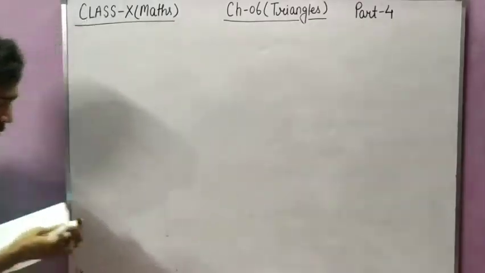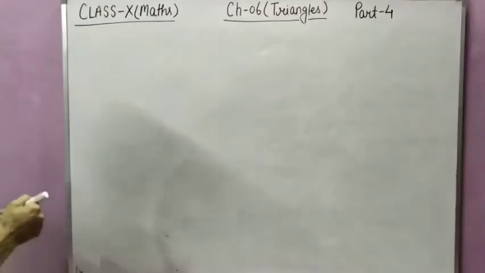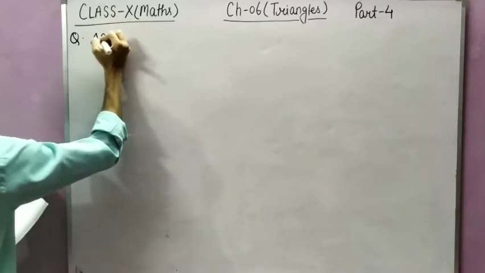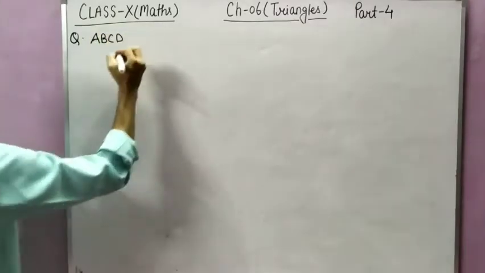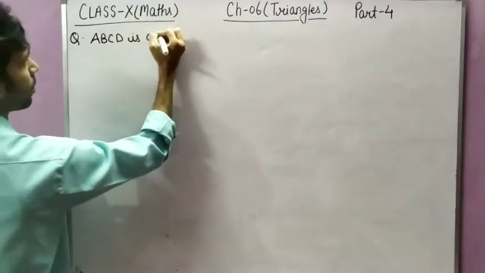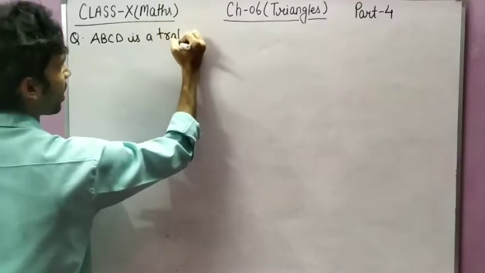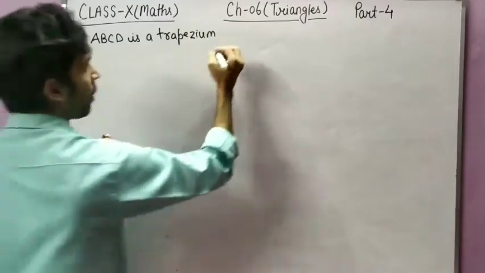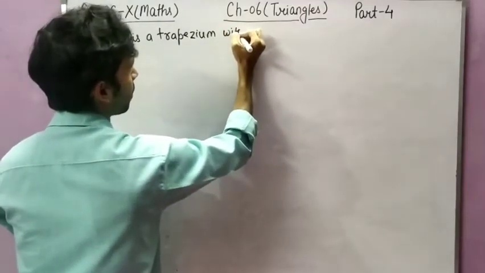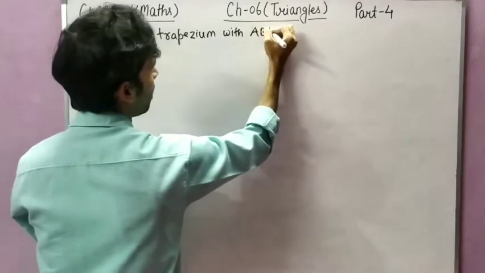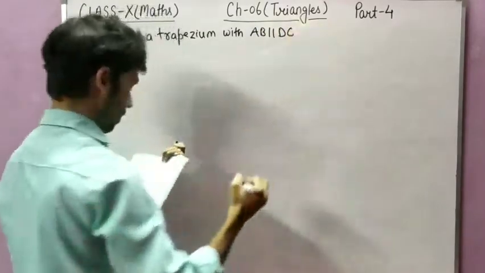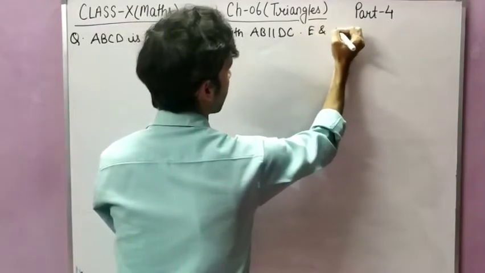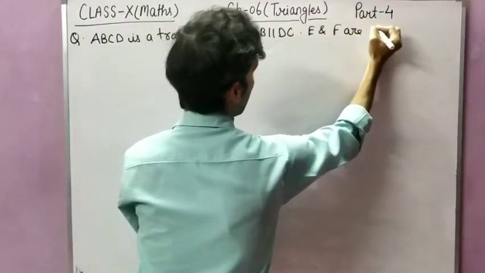And what is the question, students? The question is: ABCD is a trapezium with AB parallel to DC.